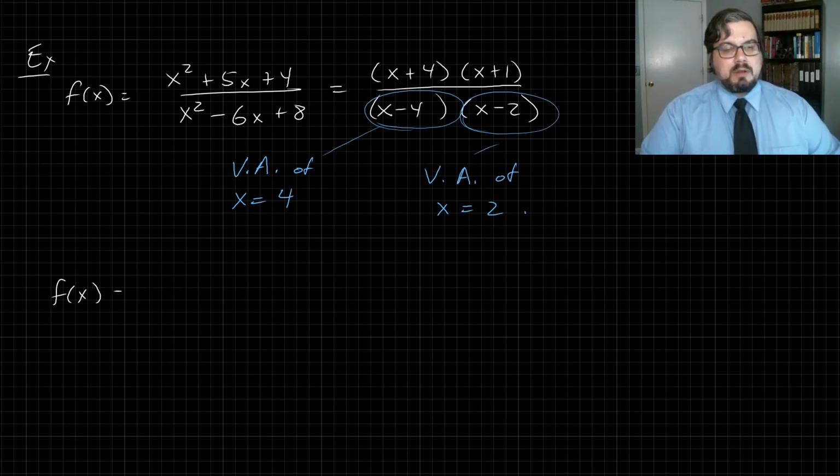Let's take one more example. If we have f of x is equal to 3x squared over x squared plus 1, then the numerator is actually completely factored, and so is the denominator. The expression x squared plus 1 doesn't factor.